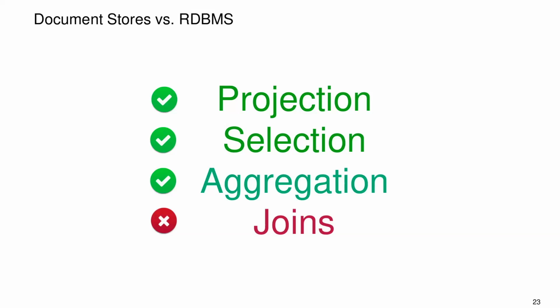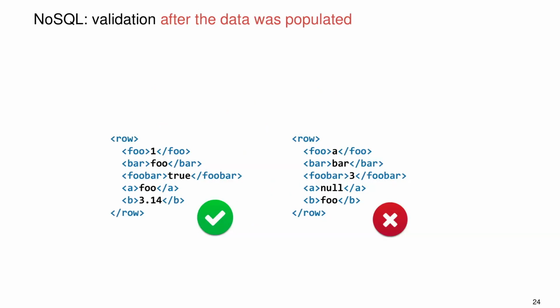What makes document stores similar to relational database systems is that you can also project, you can also select, you can also aggregate, you can also order. But the one thing they will not do so well is joins, right? They will not offer join functionality. Anybody who wants to join collections will have to implement it themselves in Python or C++ or whatever, right?